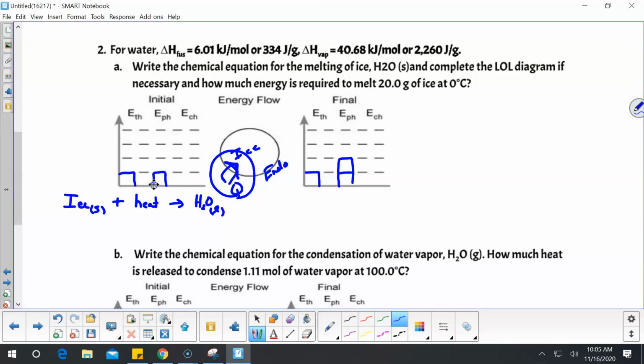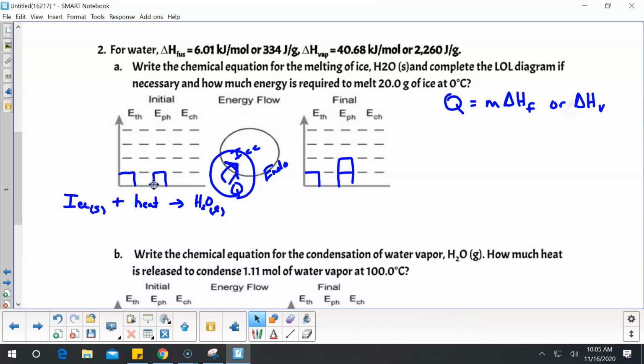Now, if I'm changing state, the only equations I need are Q, and it could be upper or lowercase, equals the mass times the change in H for either fusion, or it could be change in H for vaporization. In this example, we're going to use heat of fusion because we're changing from a solid to a liquid.